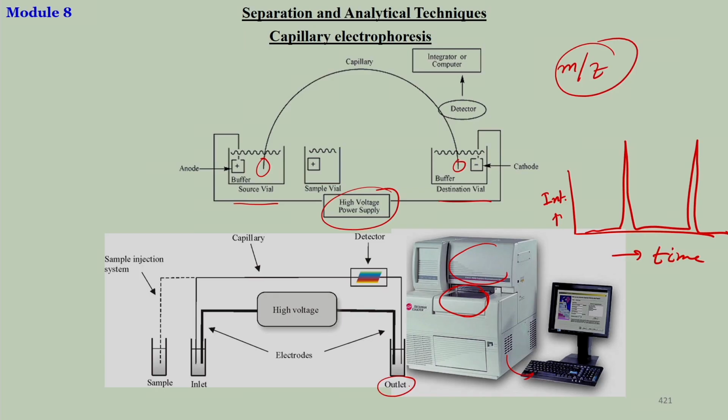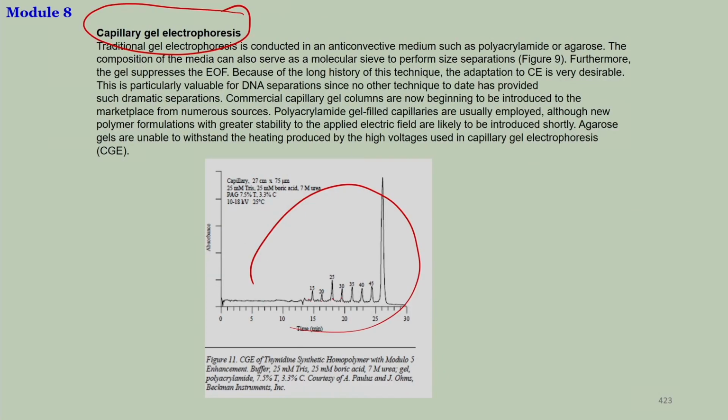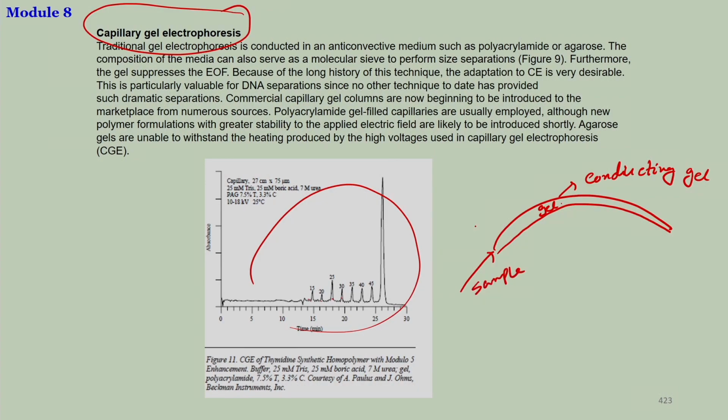Now capillary gel electrophoresis I have talked about; in this case you fill up the capillary with gel. If this is your capillary, then the capillary is filled up with a conducting gel. If you now inject your sample across the capillary, it has to go through the gel, and obviously if the sample has charge, the gel has charge, so they will interact.